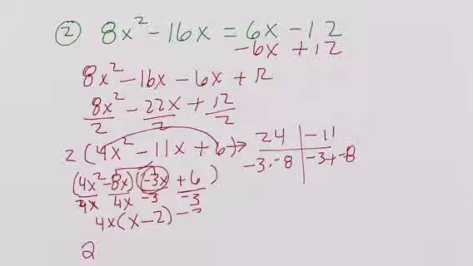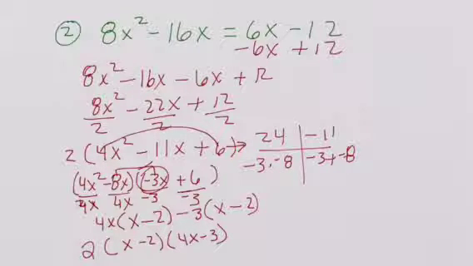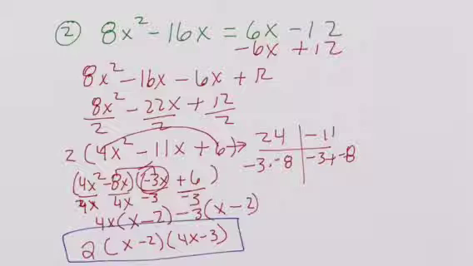So I'm going to take out the negative 3, and that's going to give me x minus 2. So the binomial that they have in common is x minus 2, and when I factor that out, I'm left with 4x minus 3. If I am just factoring, I stop right there.